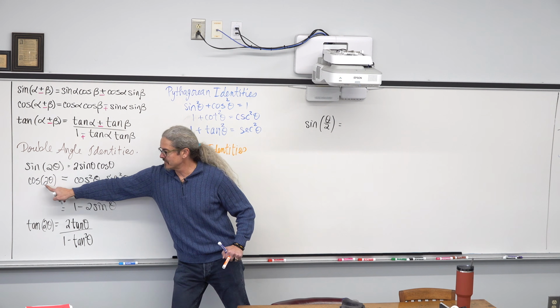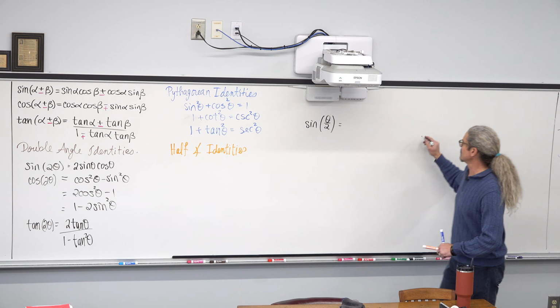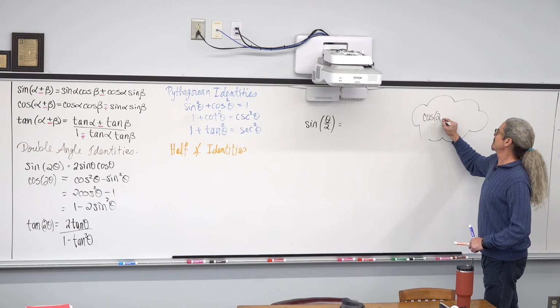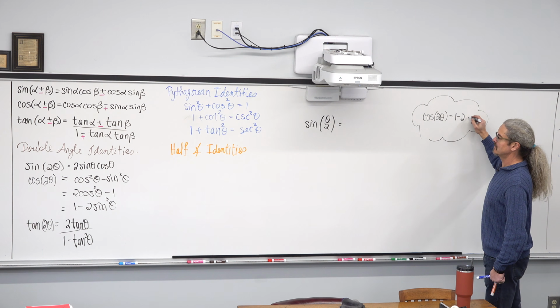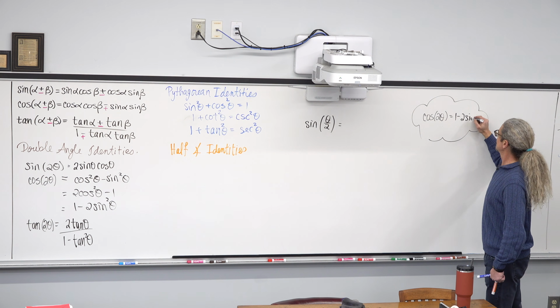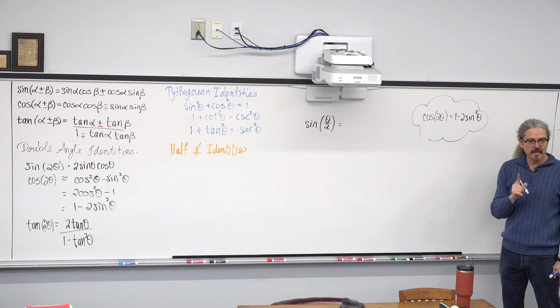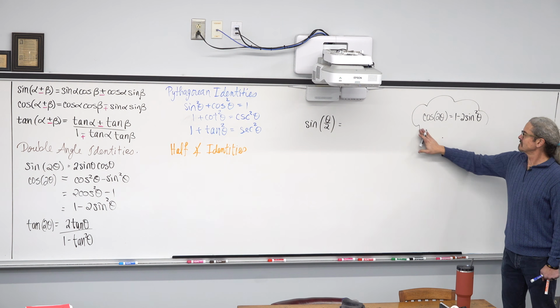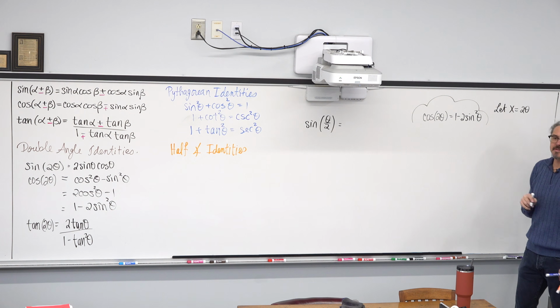The cosine of 2 theta is equal to, so a little bit of scratch work, the cosine of 2 theta is 1 minus 2 sine of theta squared. Okay. Well, what if I let x equal 2 theta?